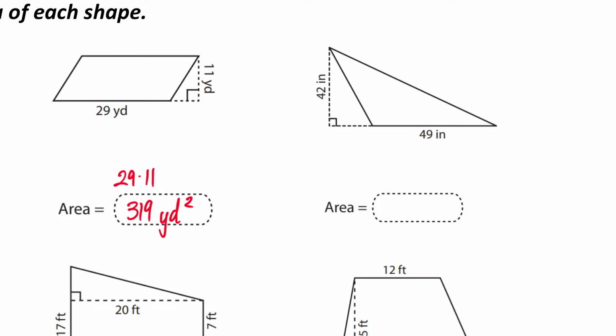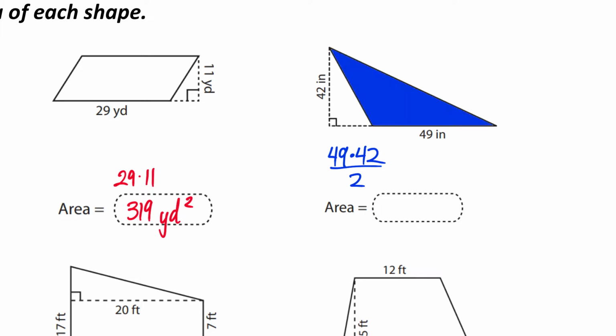Yes, base times height divided by 2. So in this one, it's going to be 49 times 42 divided by 2. So 49 is the base, 42 is the height. 49 times 42 divided by 2 is what?